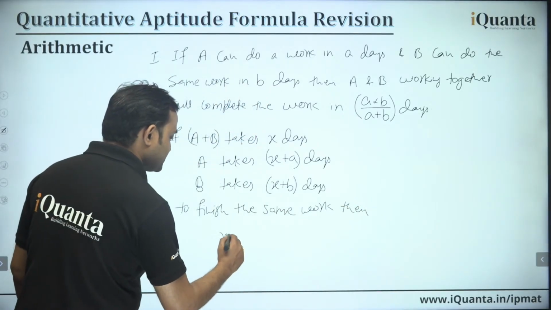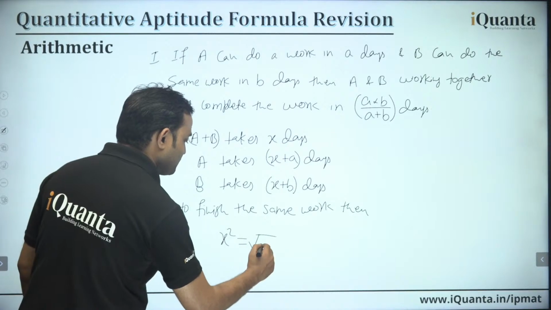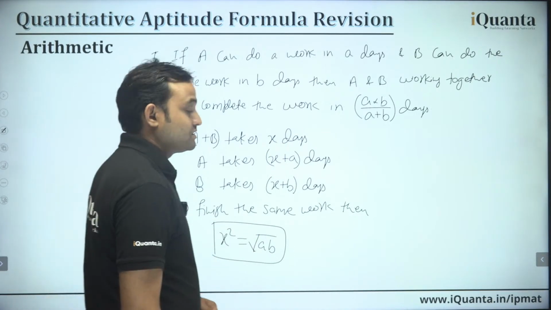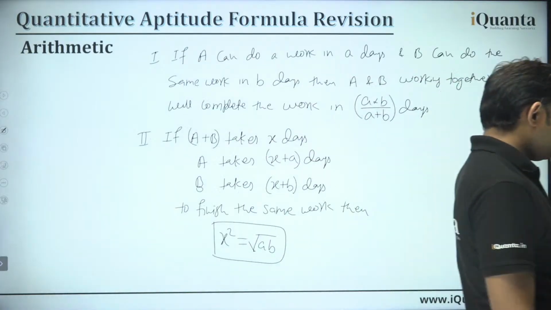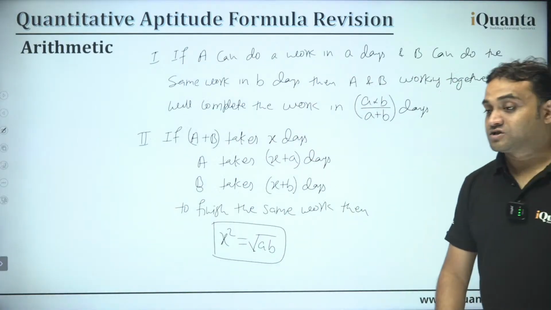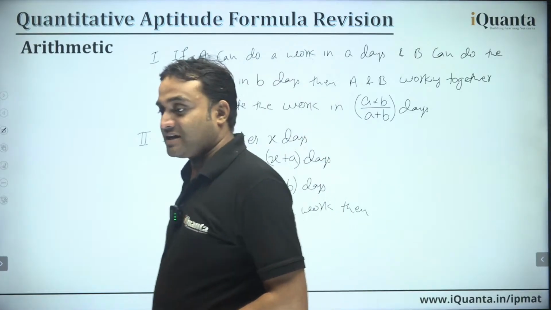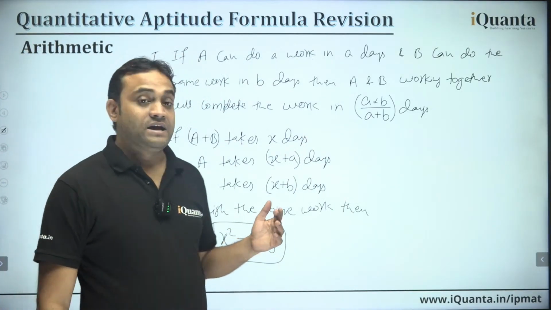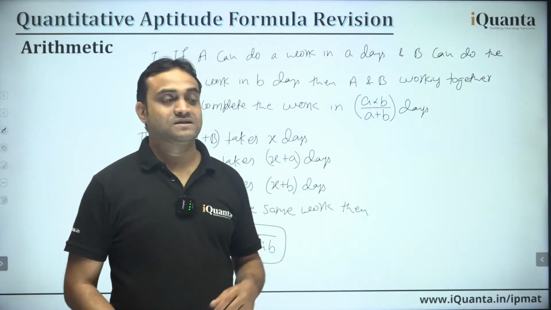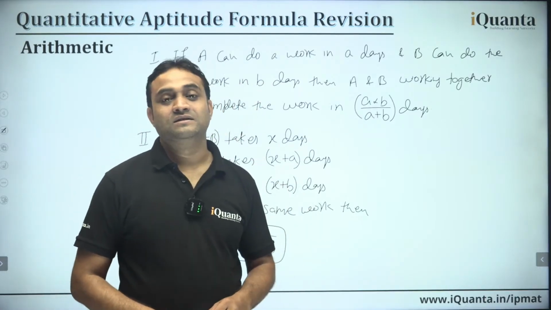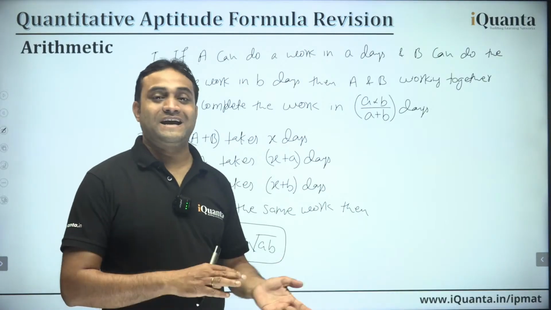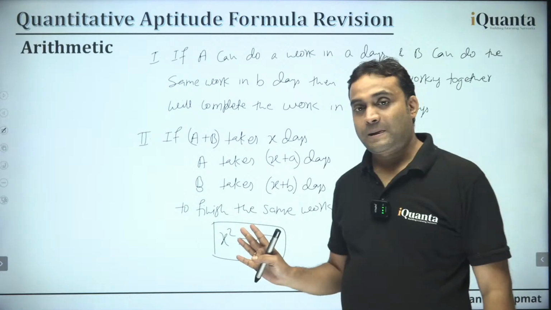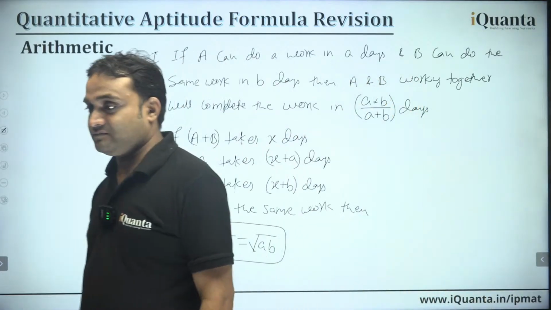Then we can say X square is equal to AB. This is very important. You will get a question in the same format, that A and B together can do a work in this many days, A takes 5 days more than this, B takes 10 days more than this. Then in how many days will A and B together complete the work? So you can use this concept to find the answer.